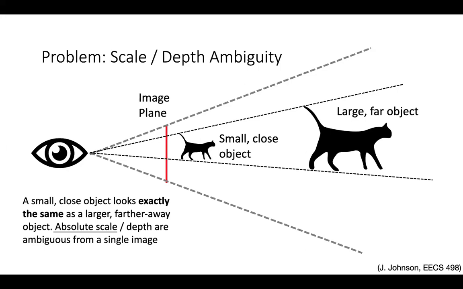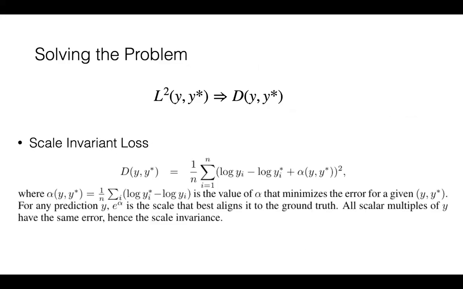And so this is a problem that we have to solve if we want to design a neural network that's going to learn depth, right? And so the solution for this is actually to change our loss function. Instead of using a loss function that just compares the depth values, we need to design a different metric, a loss function that's going to be scale invariant.